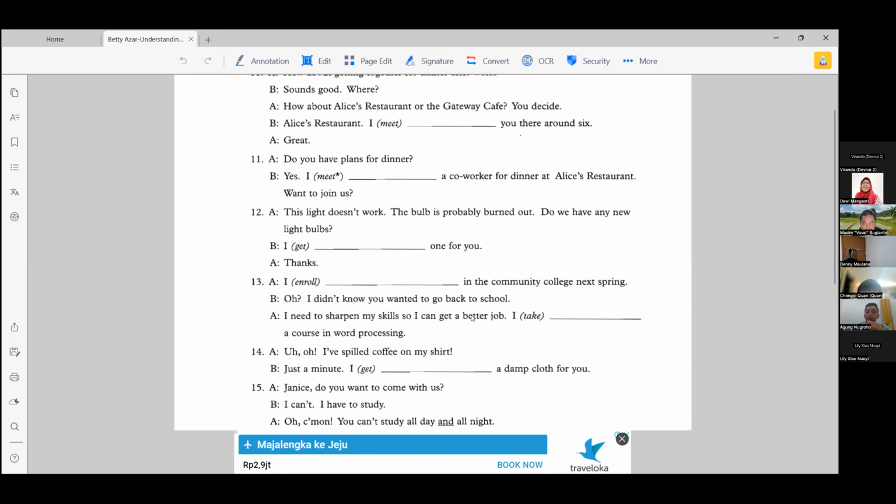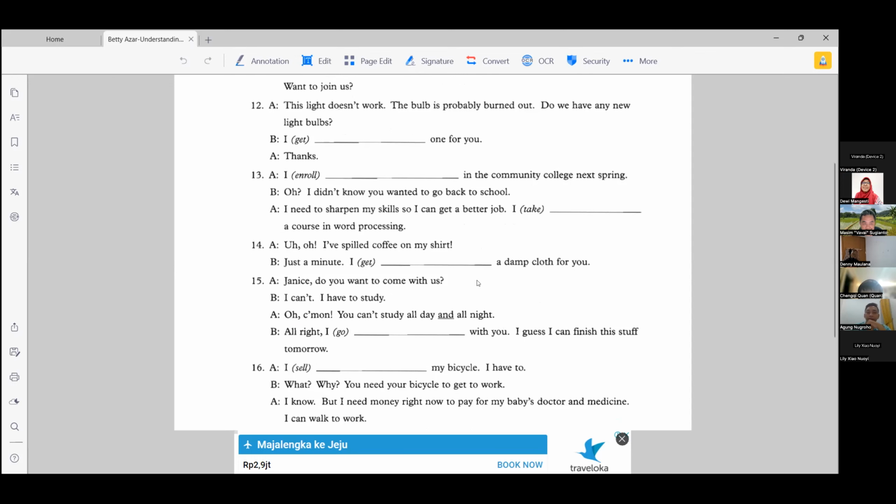So number 13. Budewi, go on, number 13. I'm going to enroll in the community college next spring. Oh, I didn't know you wanted to go back to school.